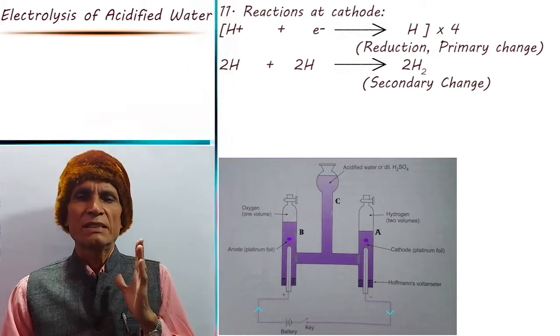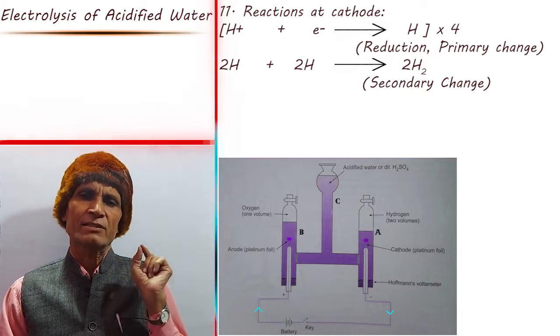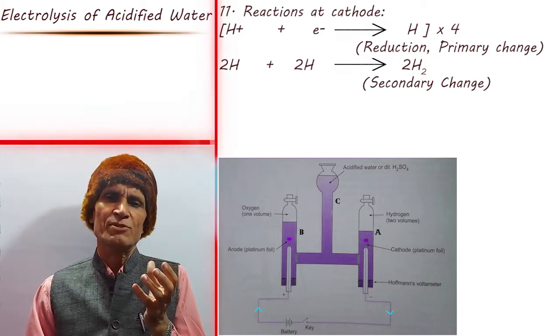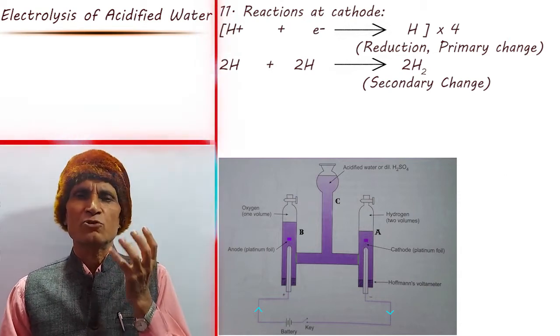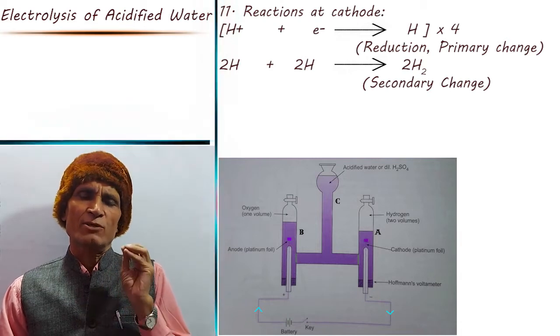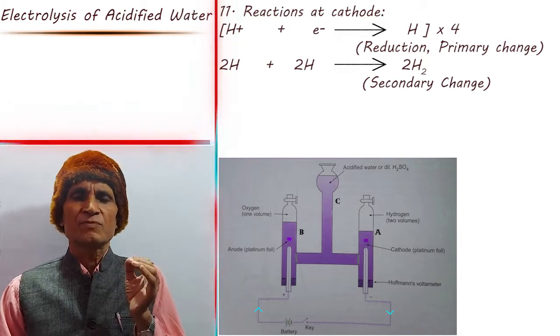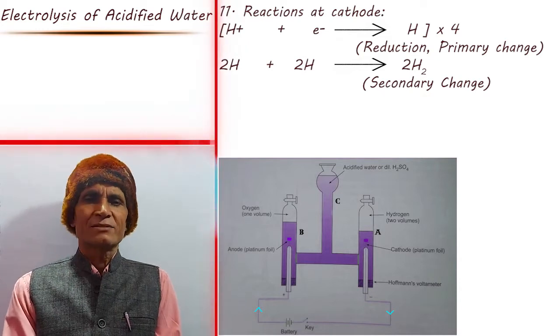This is called reduction. Hence reduction occurs at cathode. Hydrogen atoms produced at cathode combine together to form hydrogen molecule which is diatomic. This hydrogen molecule, hydrogen gas, is collected over water at cathode.